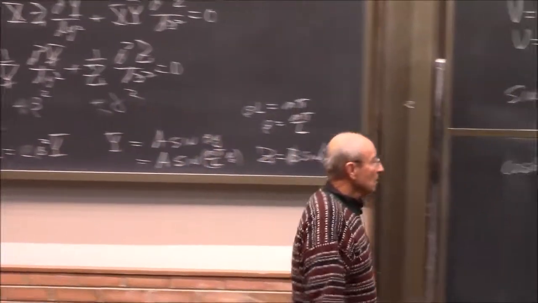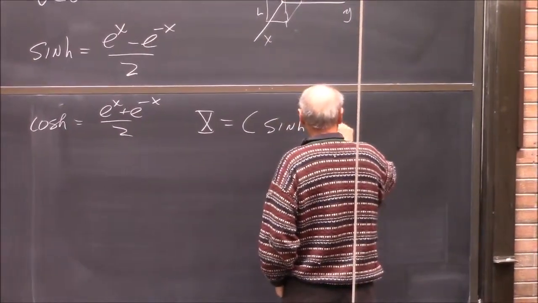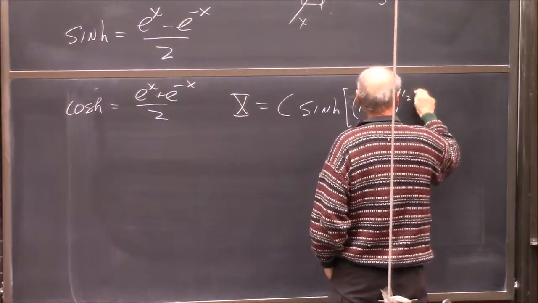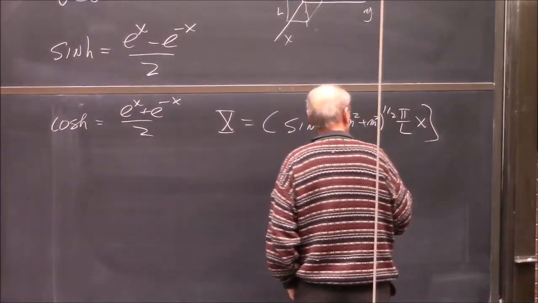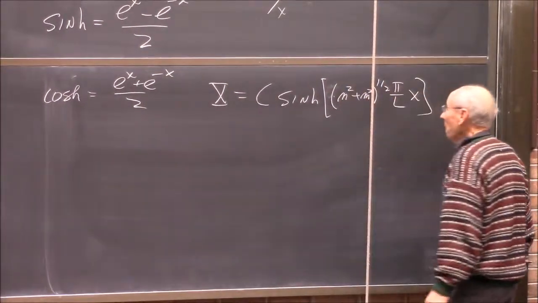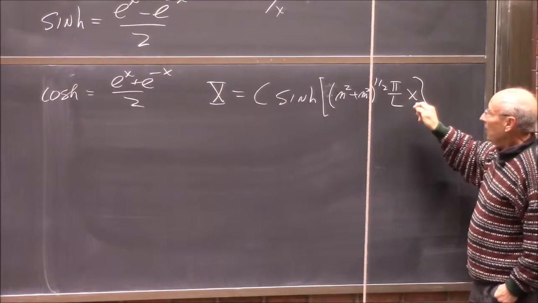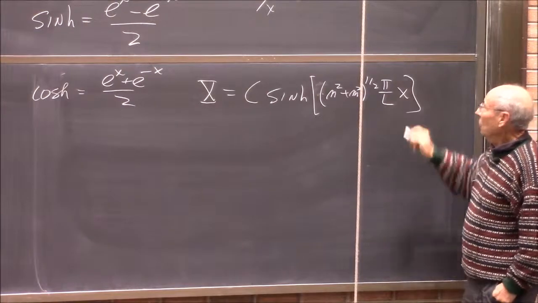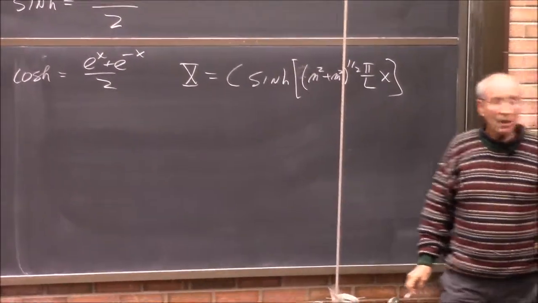And therefore, we got the sinh of the square root of n squared plus m squared, to the 1/2, pi over L times x. Okay, now that had the virtue that it made x equal to 0 at x equal to 0. And so that's where we got last time.